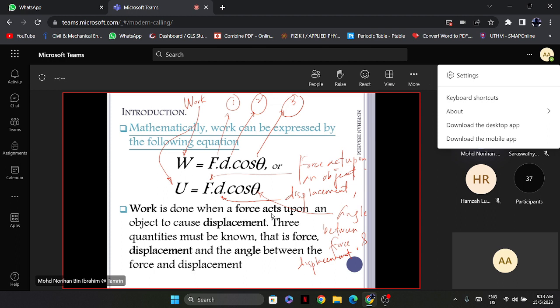The quantities to be considered are force, displacement, and the angle between the force vector and the displacement vector. Again, if there is no angle between the force vector and the displacement vector, then no work is done in that direction.